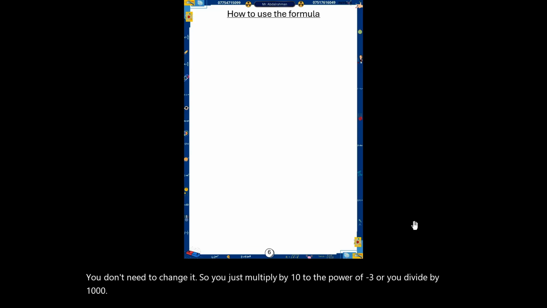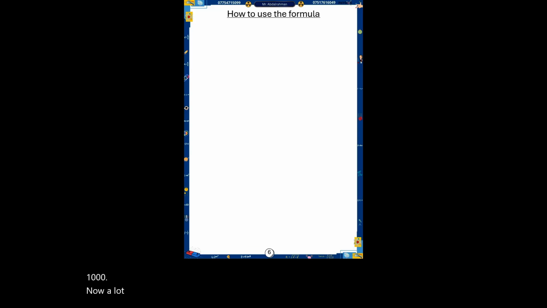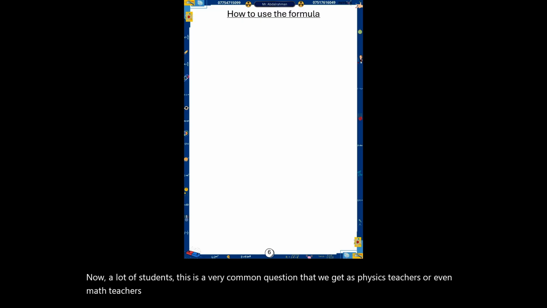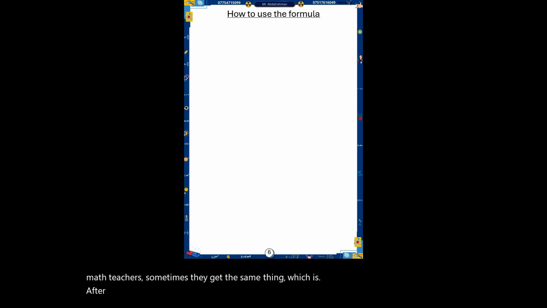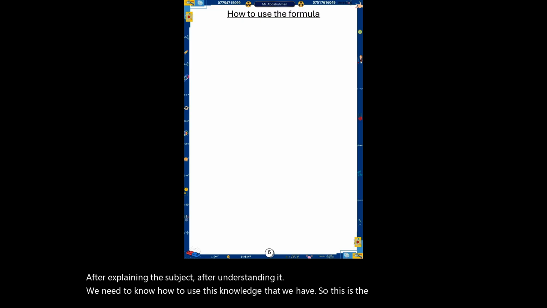Now, a lot of students, and this is a very common question that we get as physics teachers or even math teachers sometimes, ask the same thing, which is: after explaining the subject, after understanding it, we need to know how to use this knowledge that we have. So this is the part where I show you how it's possible to bring a question.